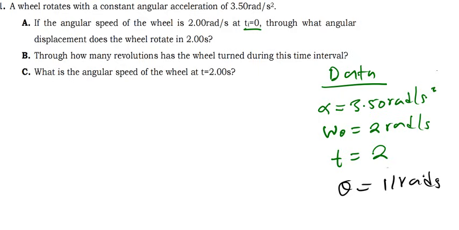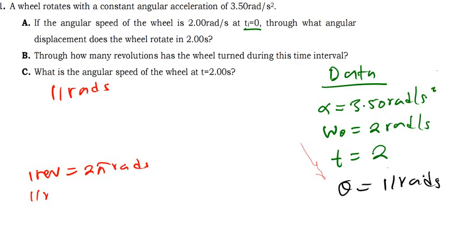So when you're talking about revolution, any question that is asking you to find revolution is asking you to find the theta. We have already found the theta here to be 11 rad, for the same time interval. But I told you that one revolution is equal to 2 pi rad. So you say you have 11 rad, and the revolution you don't know, you put x.